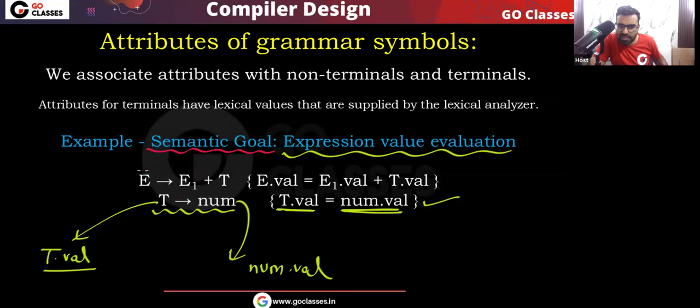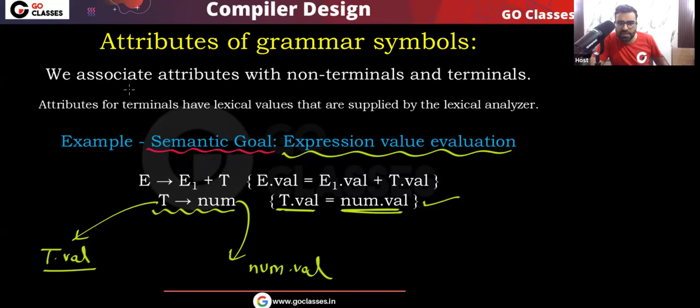They are different instances of the same variable. So corresponding to this production, E going to E1 plus T, what will be E.val? E.val will be equal to E1.val plus T.val. Very simple. I hope you understood.